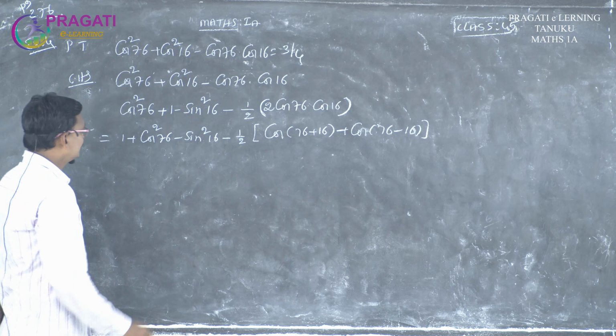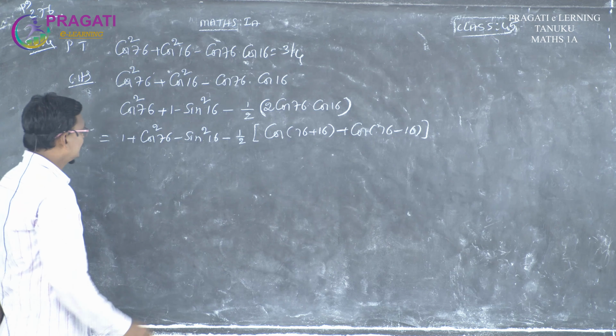Now one more example. Show that 4 sin 5θ/2 · cos 3θ/2 · cos 3θ = sin θ − sin 2θ + sin 4θ + sin 7θ. To prove this we can take LHS or RHS, whichever. As usual, first I am taking the LHS.